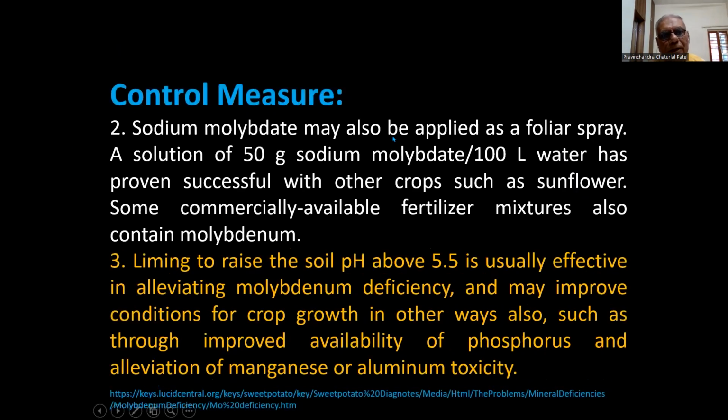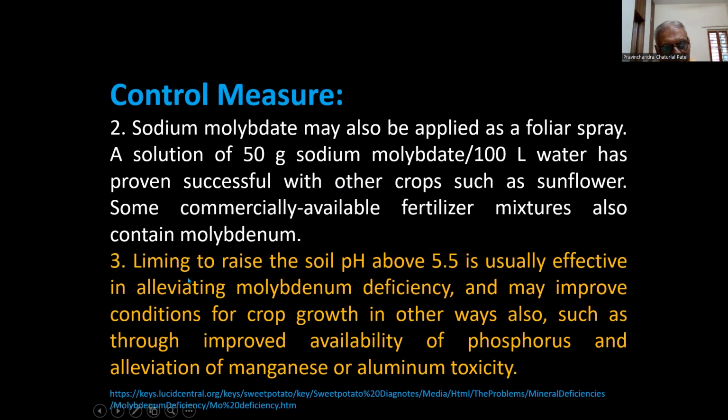Sodium molybdate may also be applied as a foliar spray. A solution of 50 grams sodium molybdate dissolved in 100 liters of water has proven successful with other crops such as sunflower. Some commercially available fertilizer mixtures also contain molybdenum.